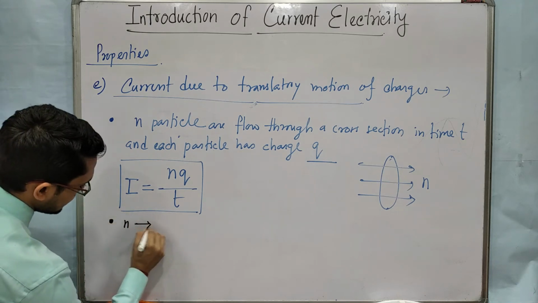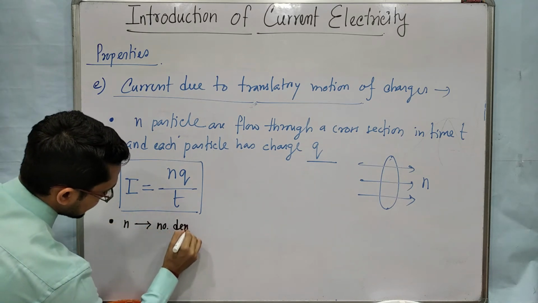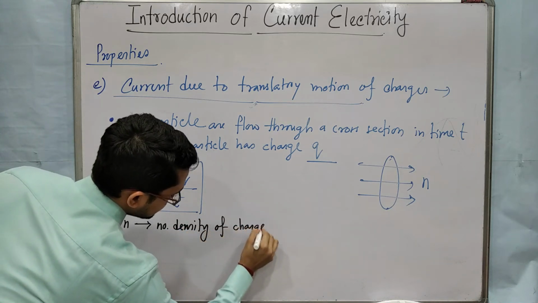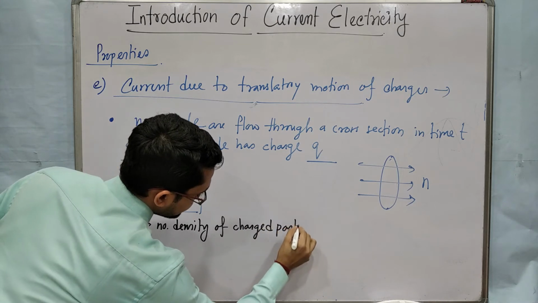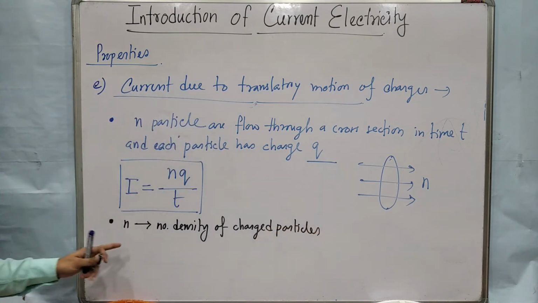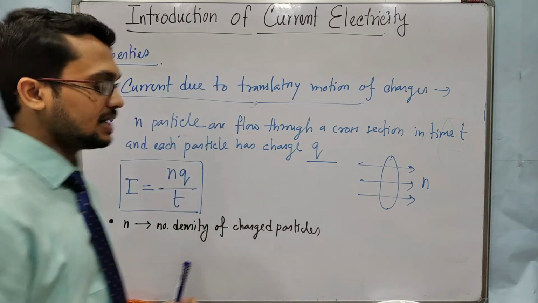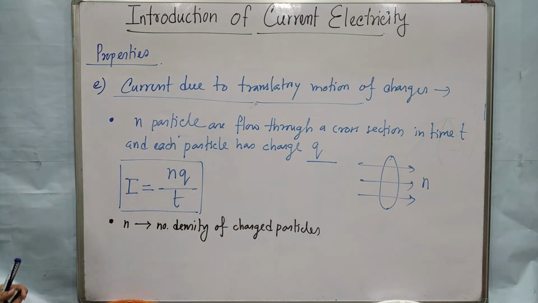Another condition: suppose n is the number density of charged particles. Number density means the number of charged particles per unit volume.